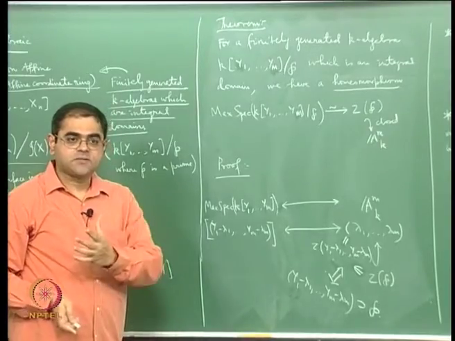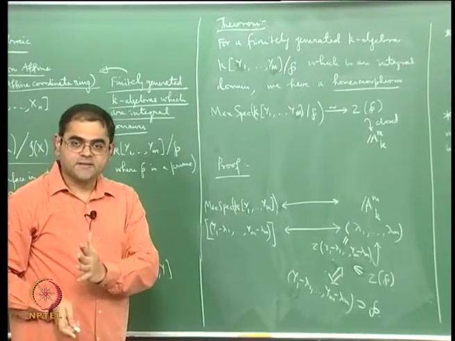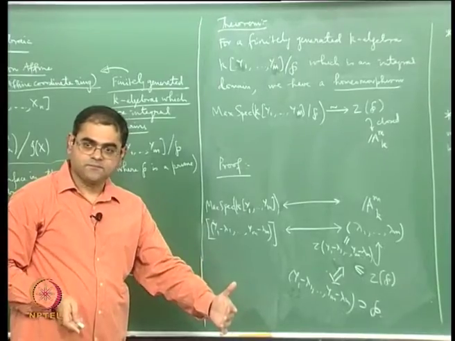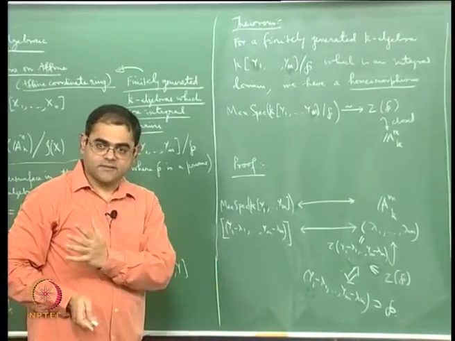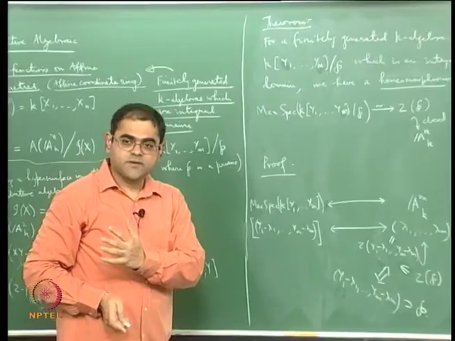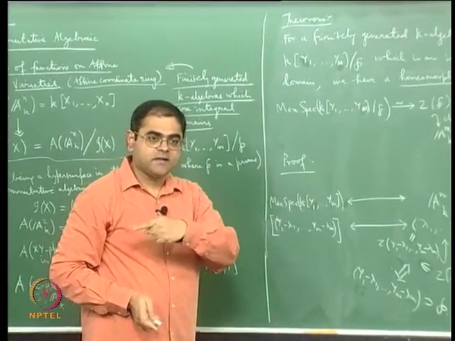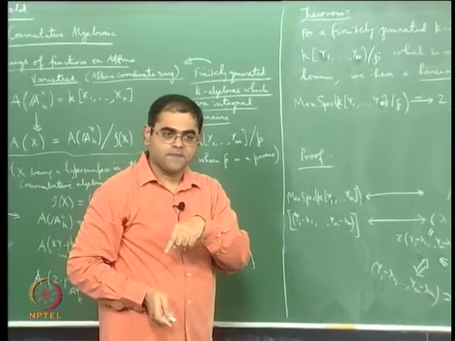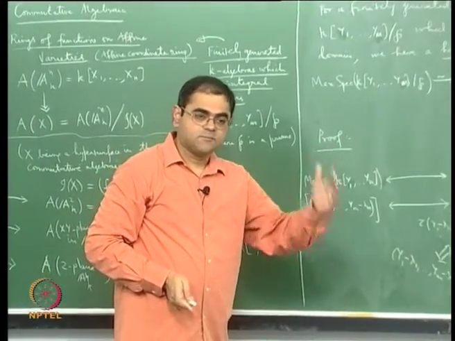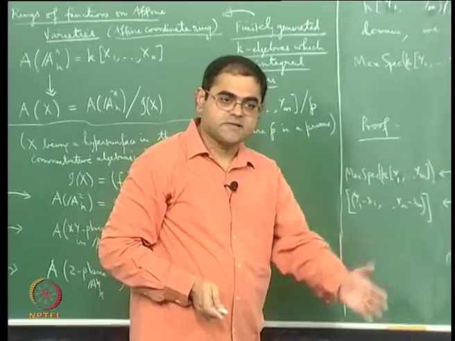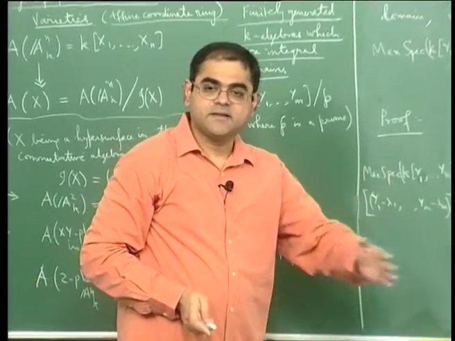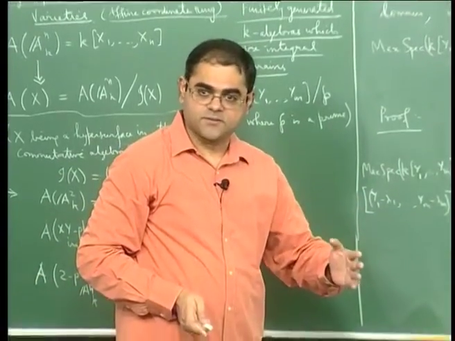There is a correspondence between the ideals in the quotient of a ring by an ideal and the original ring. And what is the correspondence? An ideal in the quotient corresponds to an ideal which contains the kernel, and under this correspondence prime ideals go to prime ideals, maximal ideals go to maximal ideals. It is an inclusion preserving correspondence.